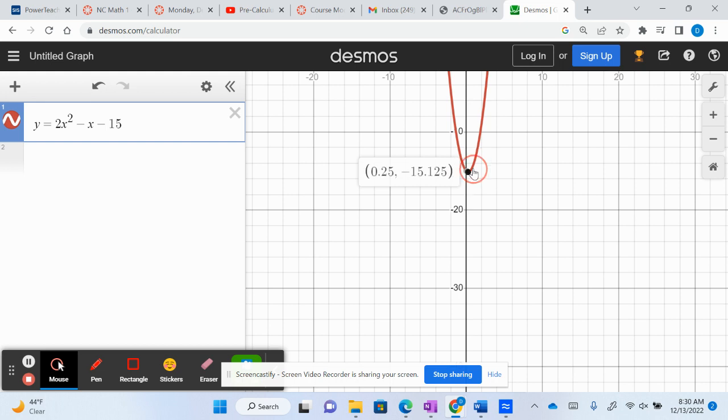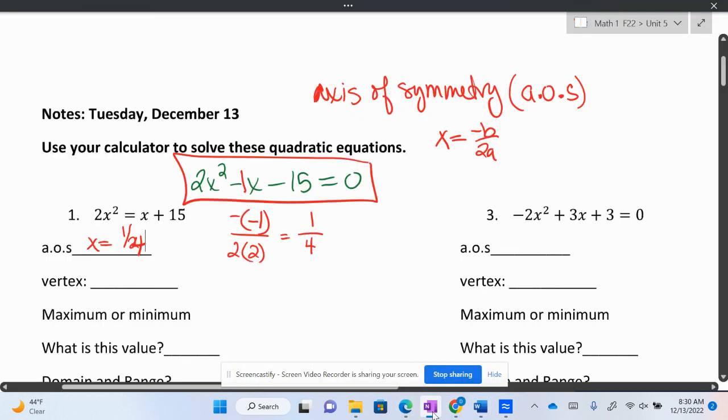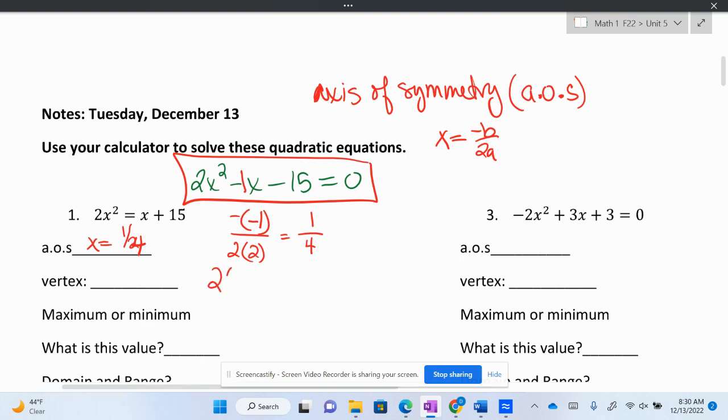Now I have to plug that in to find my vertex. We're only going to do this once, but we're still going to do it. So I have 2 times 1/4 squared minus 1 times 1/4 minus 15.